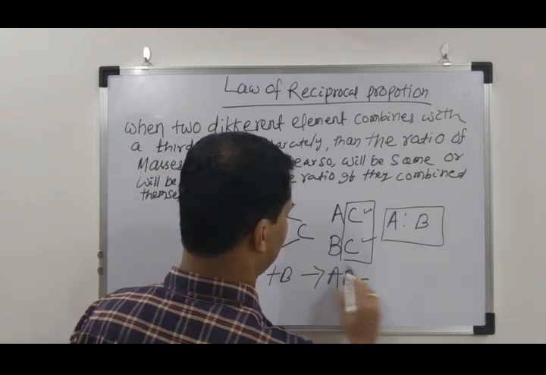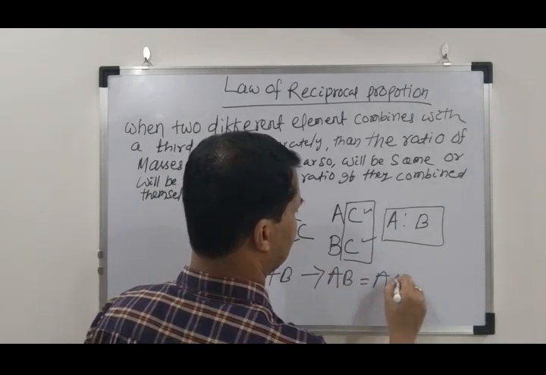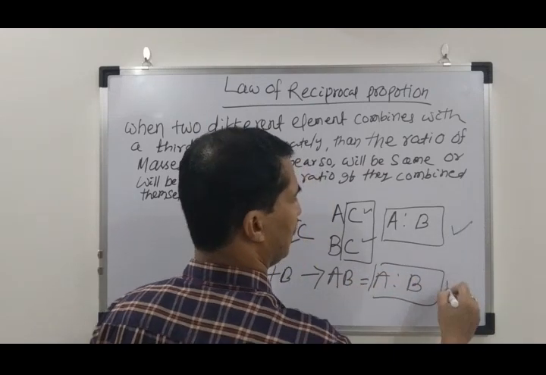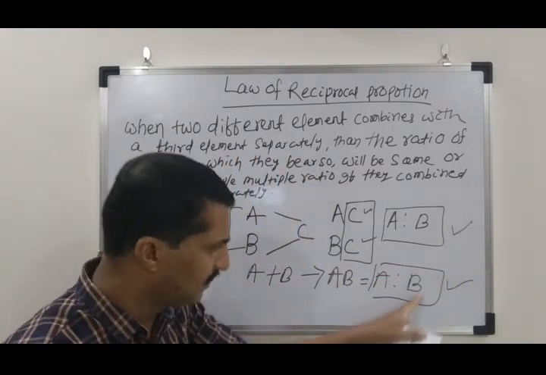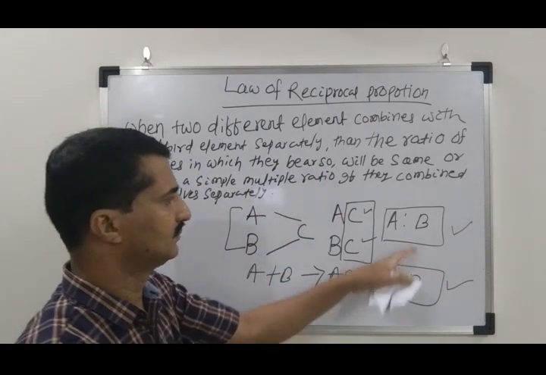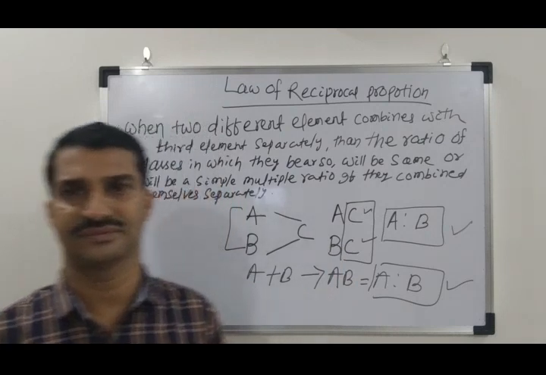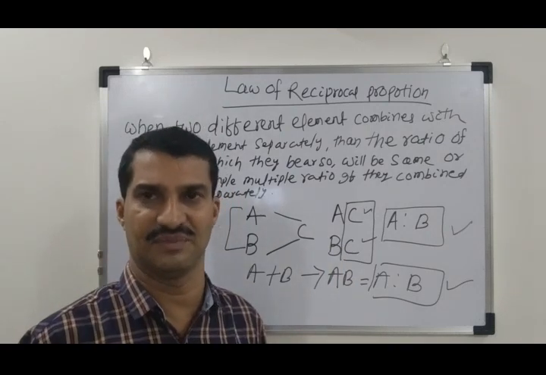Either these two will be the same or both will maintain a simple multiple ratio to one another. This is the law of reciprocal proportion.